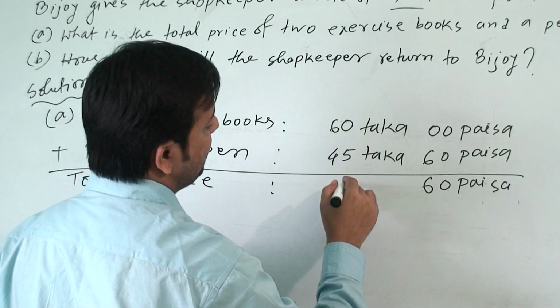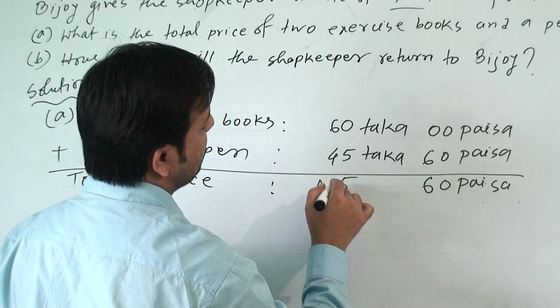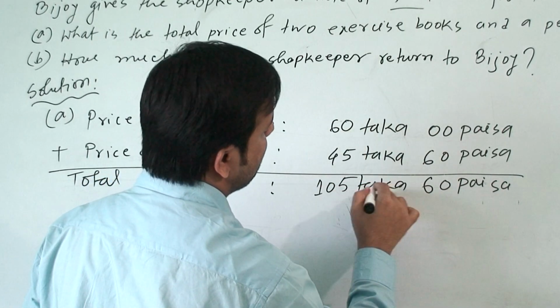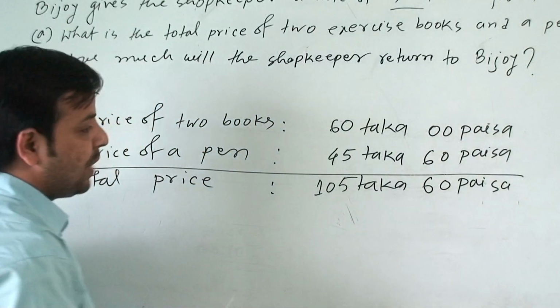Okay. Now add 60 and 45. Now 5 and 0 is 5. 4 and 6 is 10. So total is 105 taka 60 paisa.